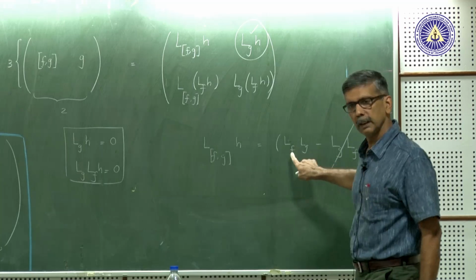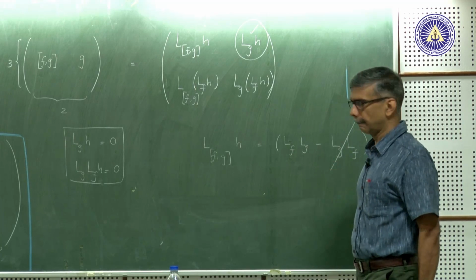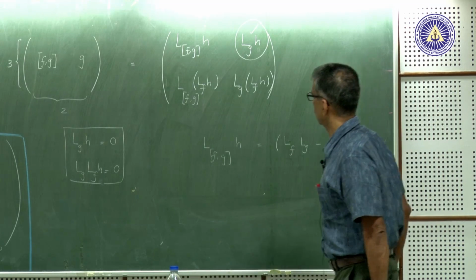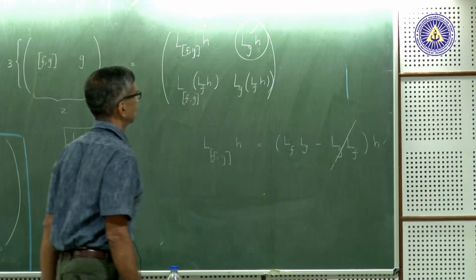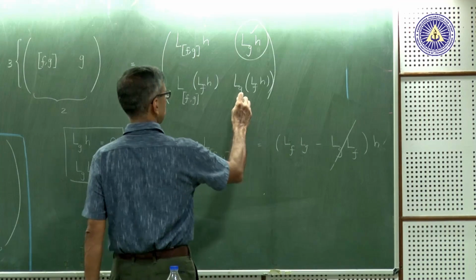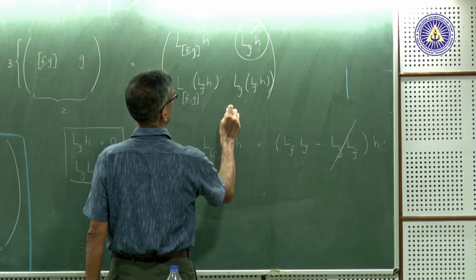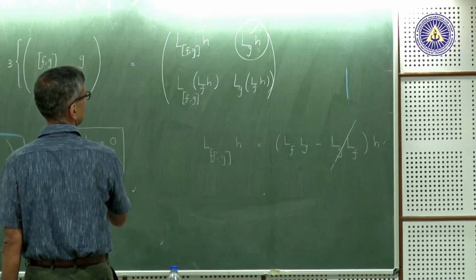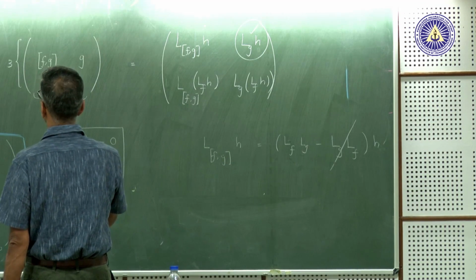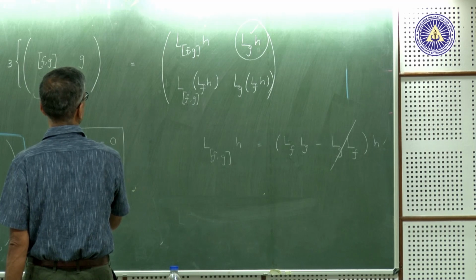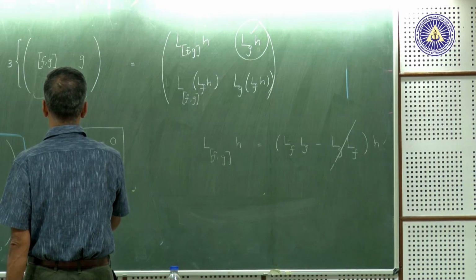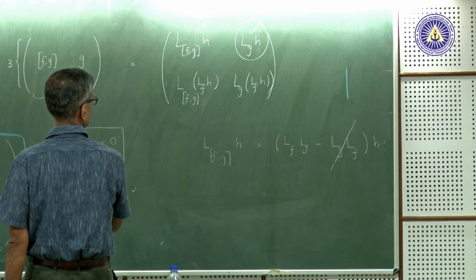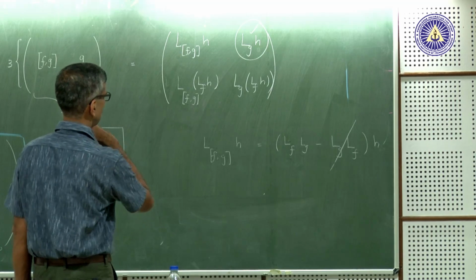If this is 0, we have got already the 1 by 2 element is 0, the 2 by 2 element is also 0. 2 by 2, one second, have I made a mistake?